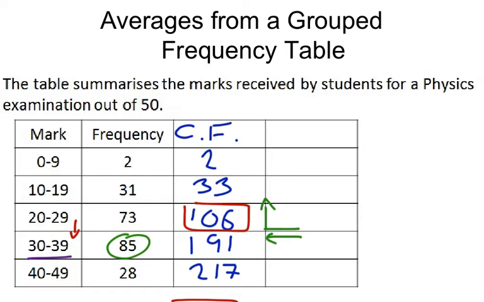And for the median, we can identify the group in which the median lies using the cumulative frequency column, much like for a normal frequency table, and then find what fraction of the amount we need to go into that group to find the actual median. However, for the median, remember, using a cumulative frequency graph is a much better way to find the median than doing it this way.